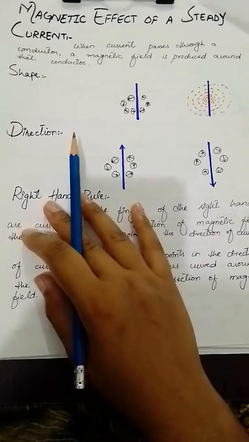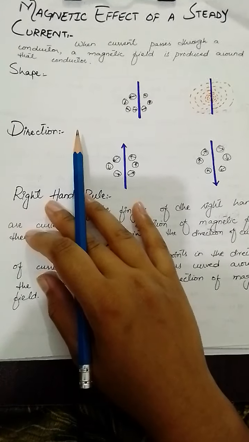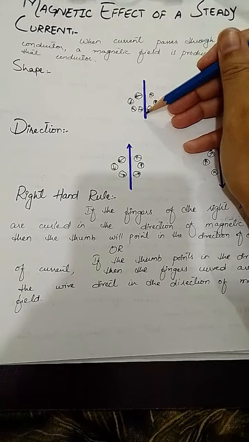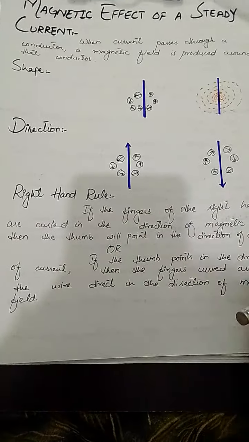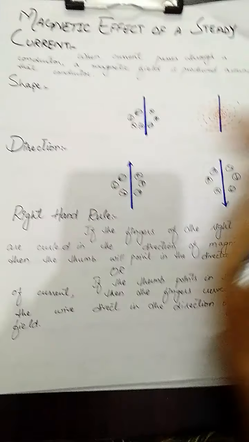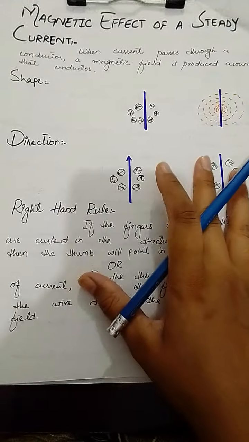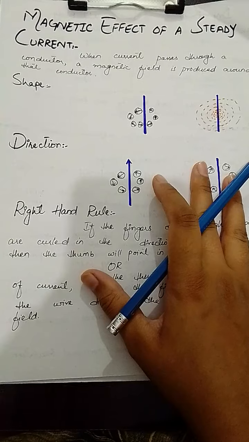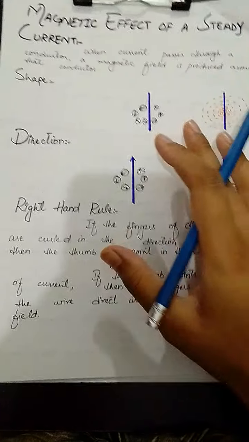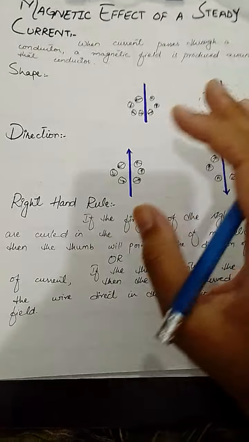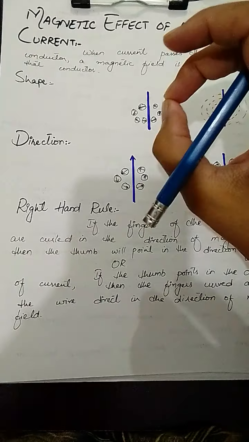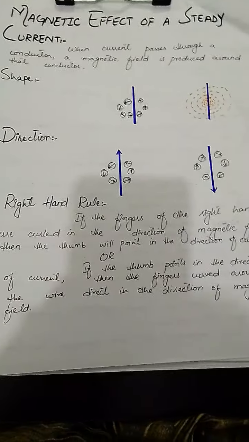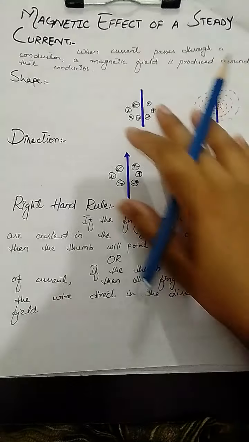We can take an example of a wire, and some amount of current is flowing through that wire. Now, there will be some kind of magnetic field produced around that wire, and the effect of this magnetic field can definitely be felt whenever we take a magnet and place it near the wire.